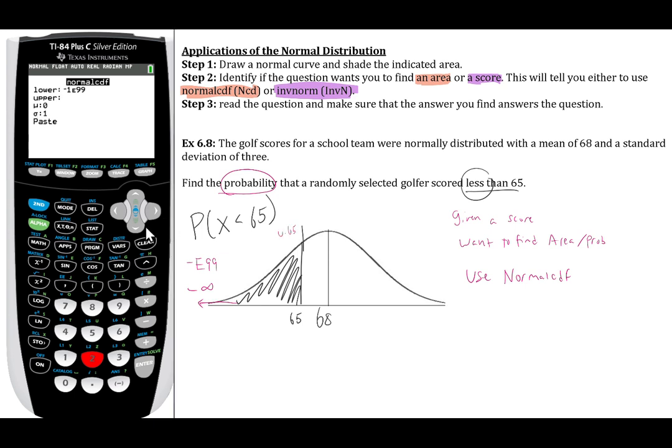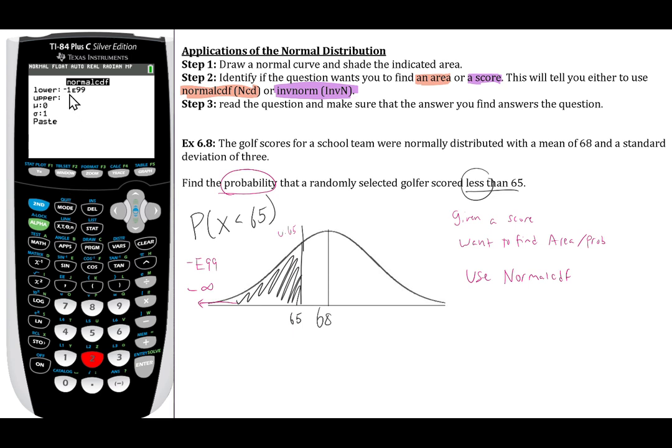To type this in the calculator, it's already entered for me. If you turn your calculator off and then back on, it will generally automatically reset to negative E99. For those of you who are using the older display TI-84 or the TI-83 calculator, give me a few minutes. Once we get through this, I'll show you how we can type those in as well.